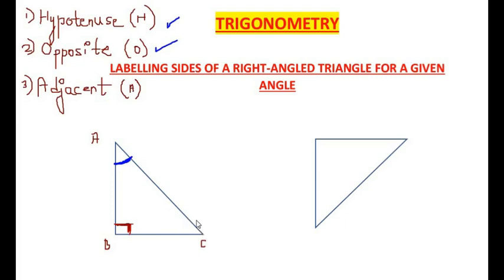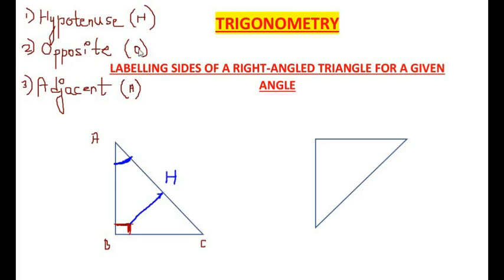So we can take either angle C or angle A to find out what is the opposite, hypotenuse or adjacent side. As we know, we have to always start with the hypotenuse first. The hypotenuse is again the longest side and it is always opposite to 90 degrees. So the hypotenuse is not changing in this case. AC will remain as the hypotenuse.